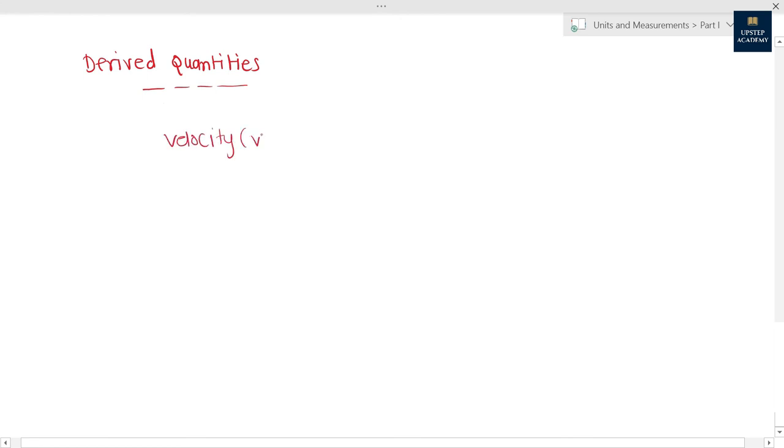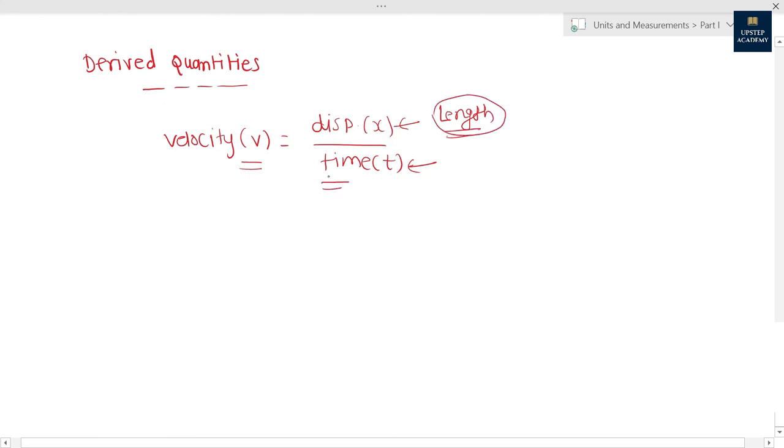What is velocity? Velocity is equal to displacement upon time. Okay, if we have to measure velocity, we must know displacement as well as time. Displacement is related to length and time. So if we know length and time, then only we can measure velocity.